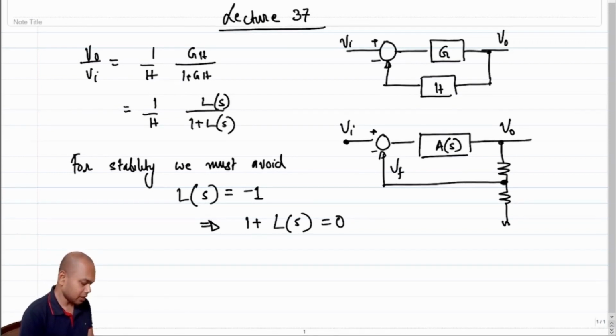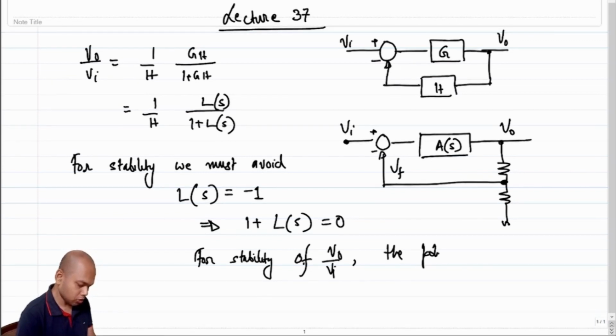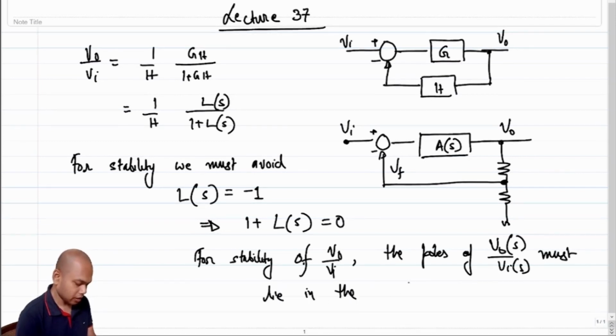For the stability of the closed loop system V naught over Vi, the poles of V naught over Vi must lie in the left half s plane.